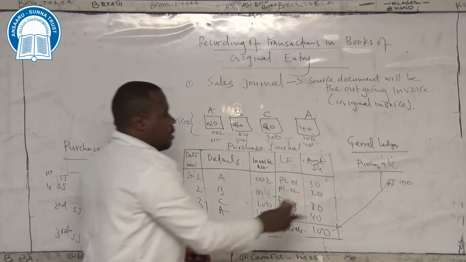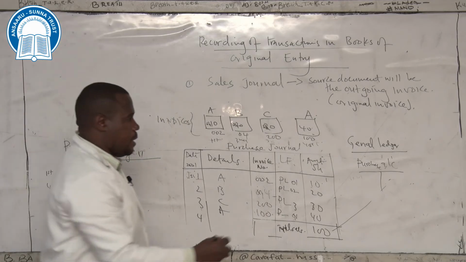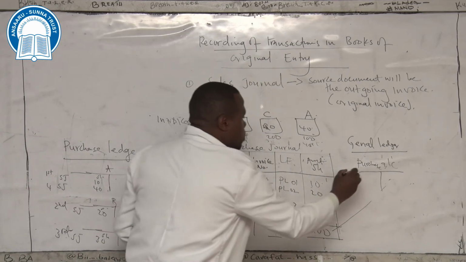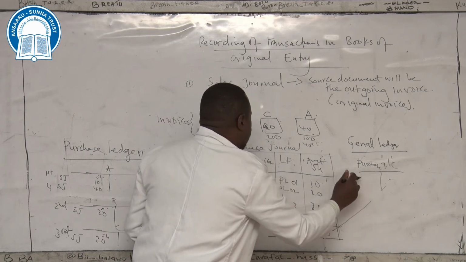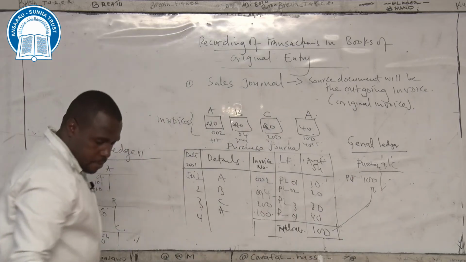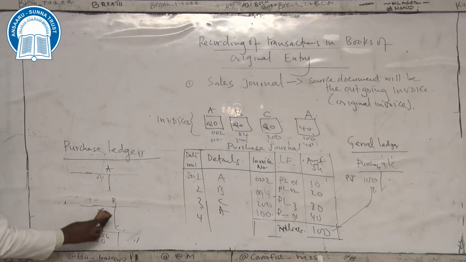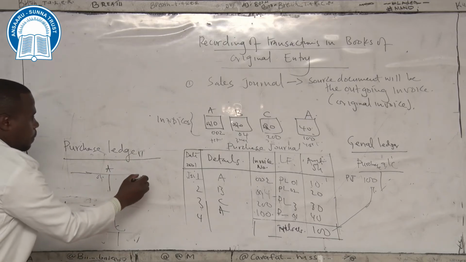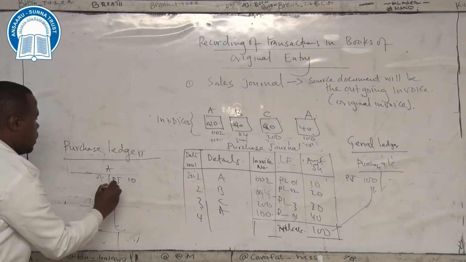Now, the other thing that will have to change is this one, because now you're buying. If purchase is being done, so we are going to receive the amount. So here we'll have the purchase from the purchase journal. This will come here now. Then these customers that you're buying from, the suppliers, their accounts are going to lose. So going to the purchase journal, this will be 10.